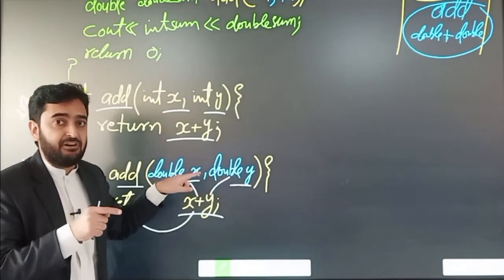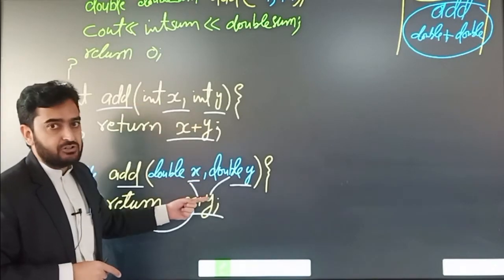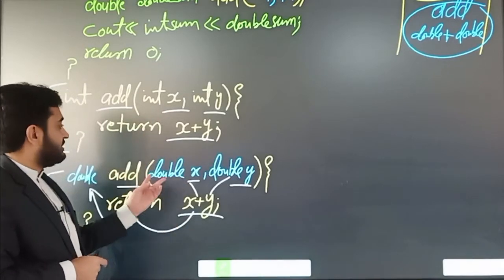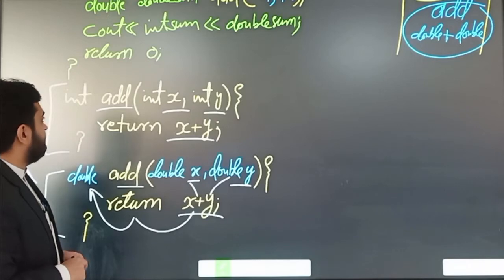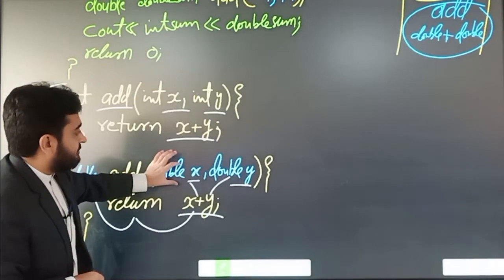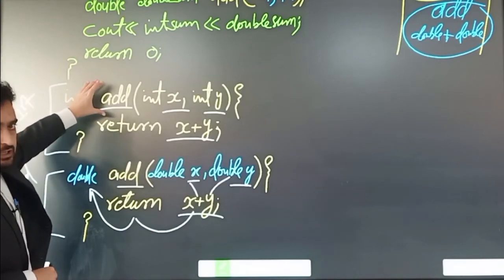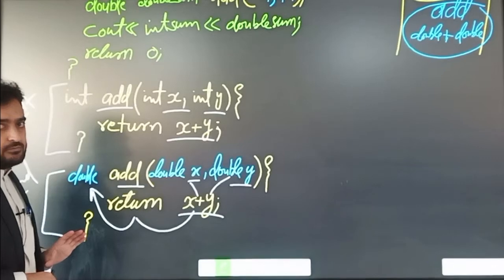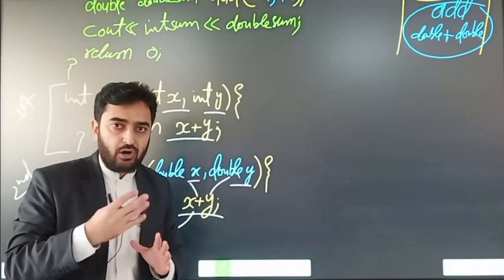The difference in the parameter list is the type of parameters, not the number, because both functions have two parameters in their header, but the type is different. So we can say that we have overloaded the name add with another add function. This concept is known as function overloading.